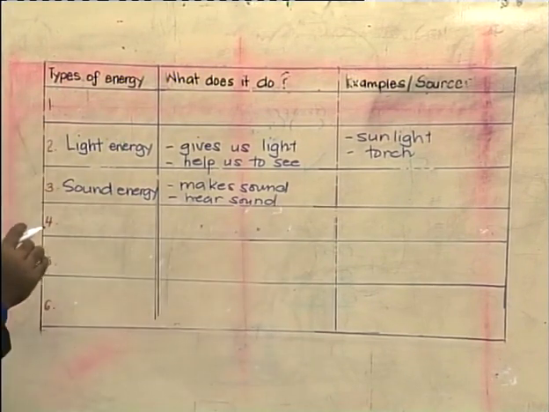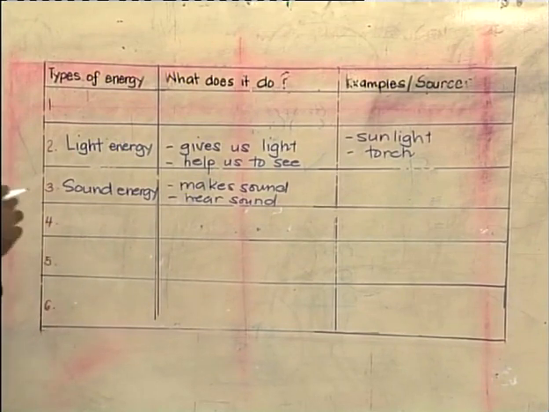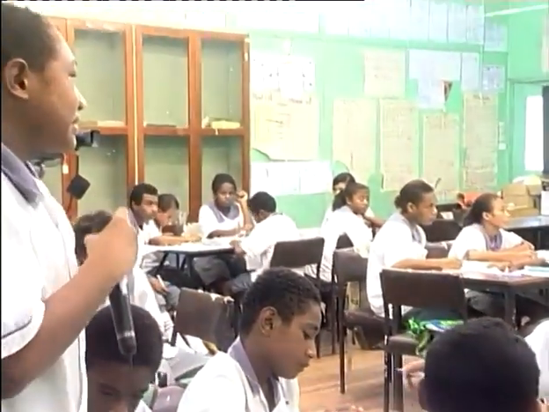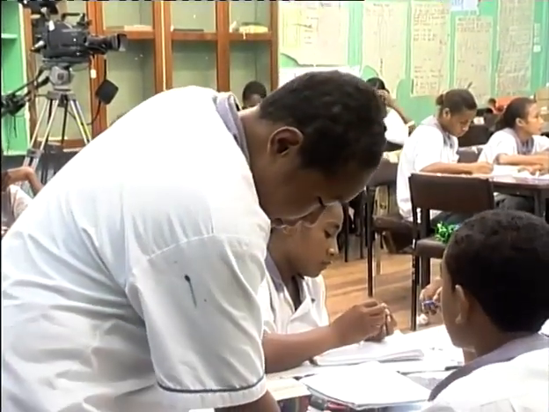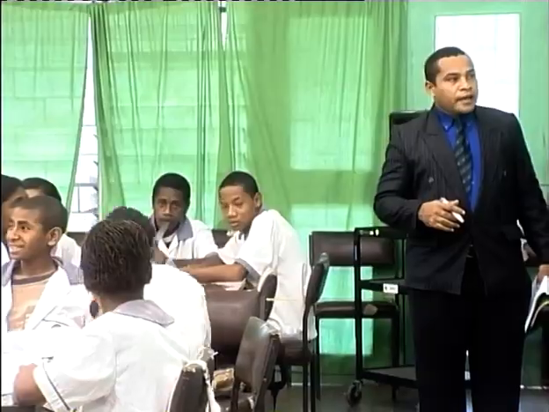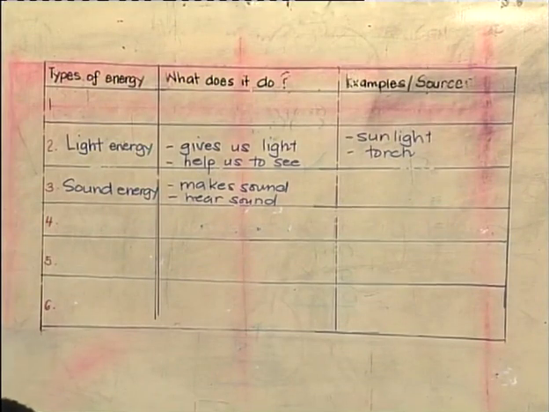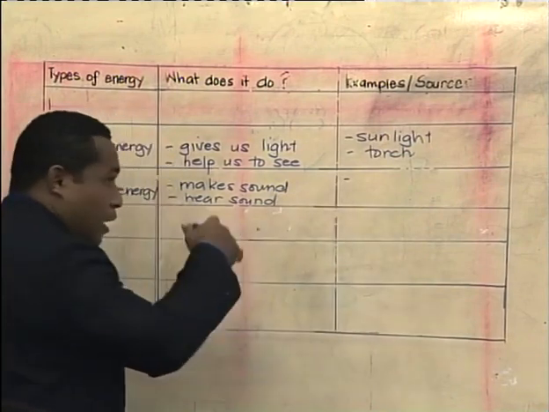And Uvau, what are examples or sources of sound energy? Electricity. Good try. Sources or examples of sound. Robert, talk and sing. Okay, when you sing, what do you hear? It comes in a form of sound.